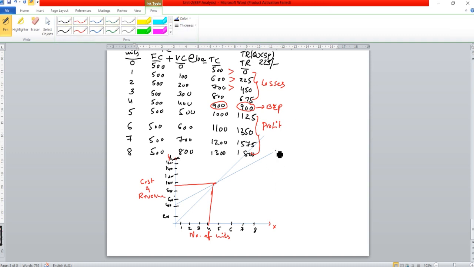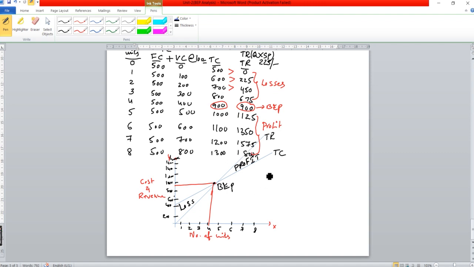This is called the total cost line. This is total revenue. So this point is considered as the break-even point. This is the loss area, and this is the profit area. So this is the graphical method.